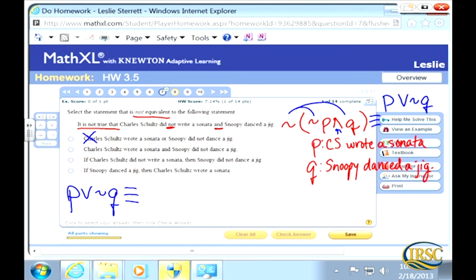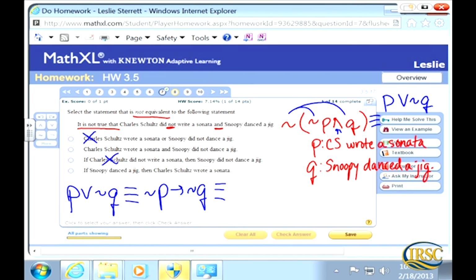So let's say I start with P. It would be if not P, then leave the other side just as it is. So not Q. Here's one of my choices. If Charles Schulz did not write a sonata, then Snoopy did not dance a jig. Is that one of the sentences there? The third one. Okay, so I can cross out the third one.